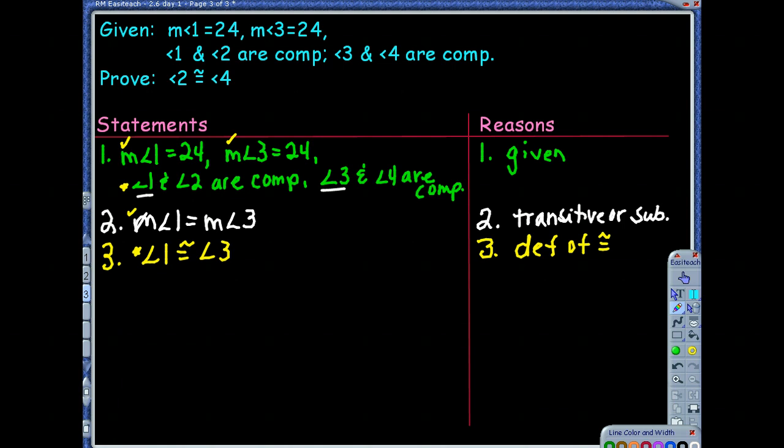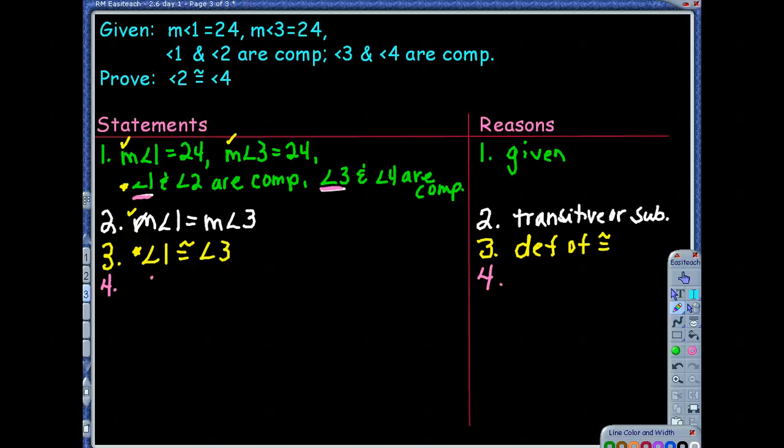Okay. So now I have my two sets of complementary statements. I also have two angles within there that are now congruent to each other. So now I can use the congruent complements theorem. And again, since we have the congruent angles here, and angle 2 and angle 4 are both complementary to congruent angles, then we can say... And it's not that they're complementary.